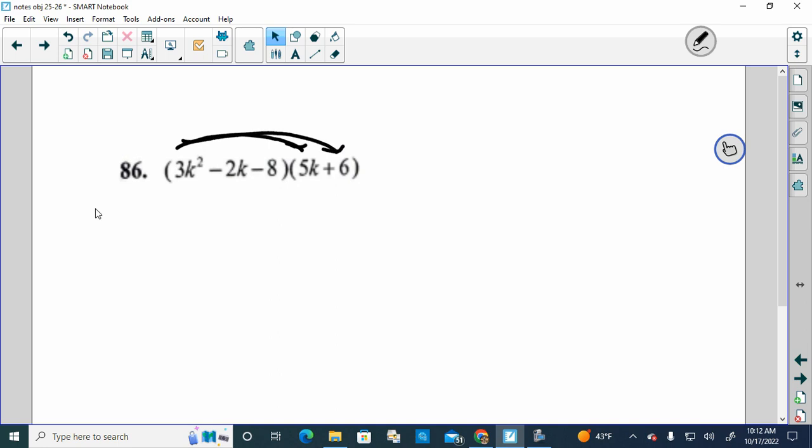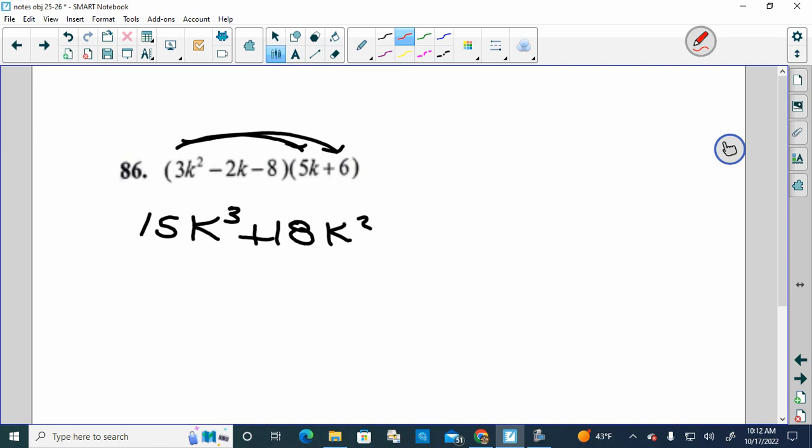So 3k to the second times 5k would be 15k to the third. Then distributing that would be 18k to the second. So I'm done distributing my first one because there was only 2 things to distribute to. Now I'm going to distribute this one, and then distribute this one, and it only has to go to 2 things.